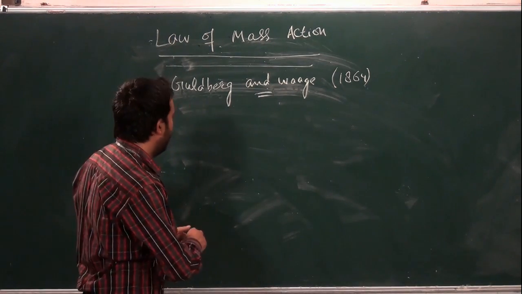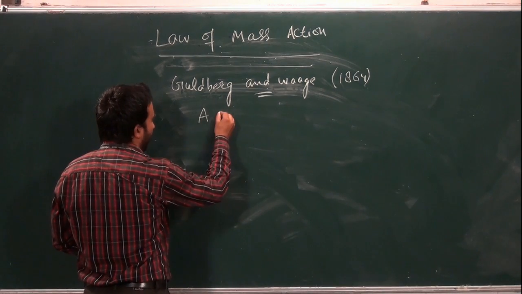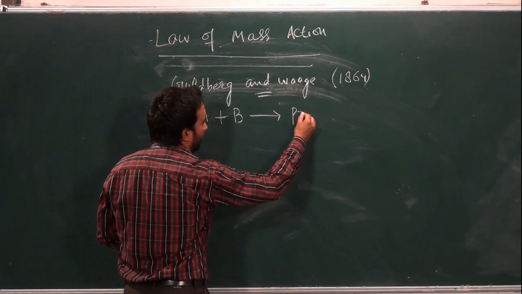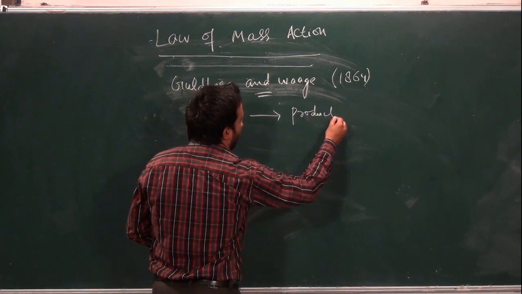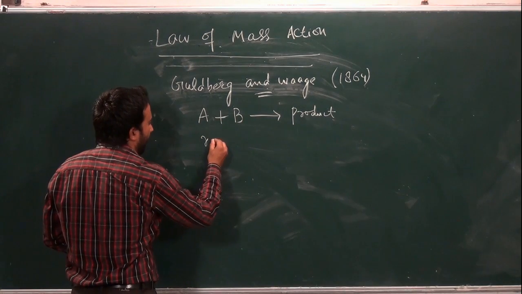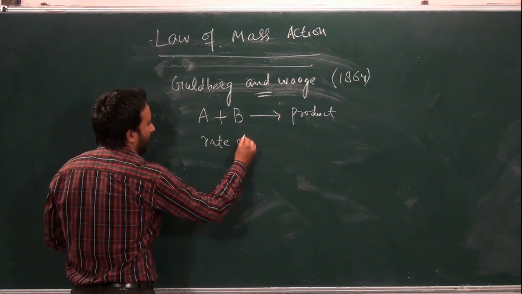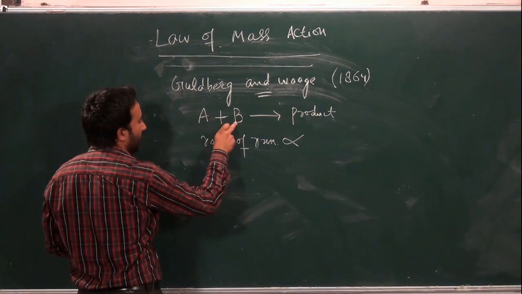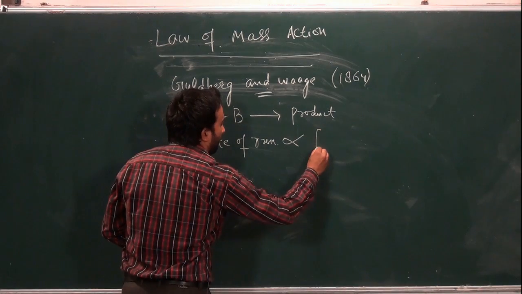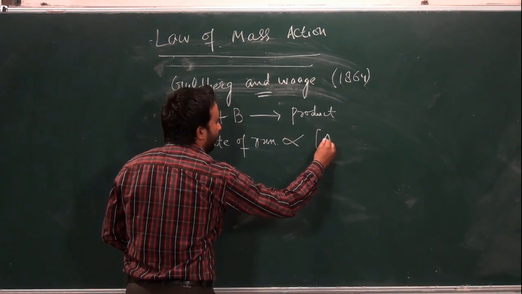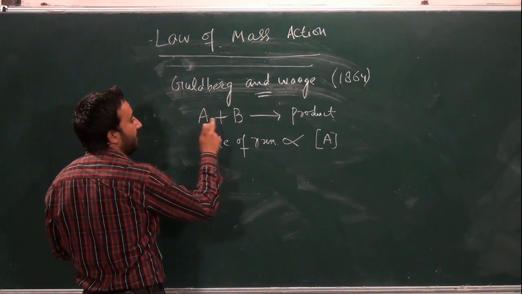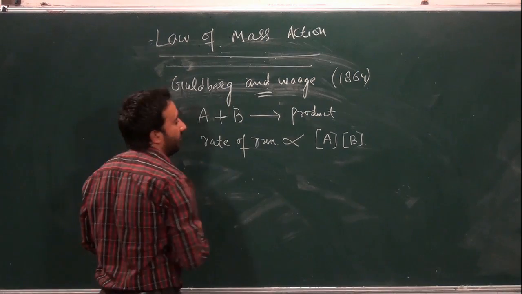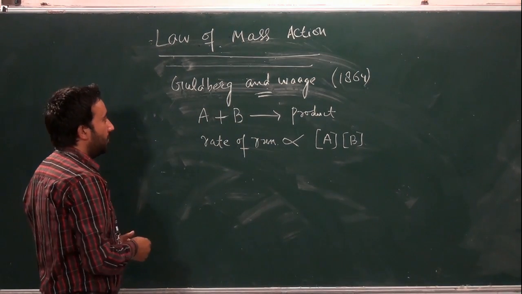For example, if we have a reaction A plus B giving you the product, then the rate of reaction is directly proportional to the product of the molar concentrations of the reactants A and B. So this was given by Guldberg and Waage.